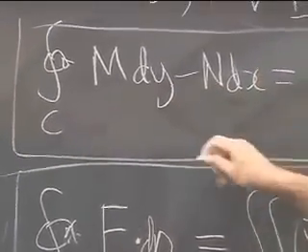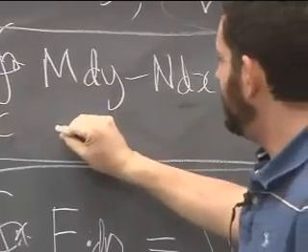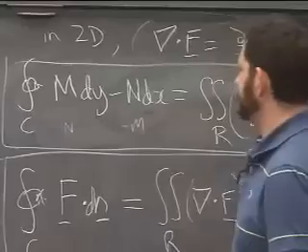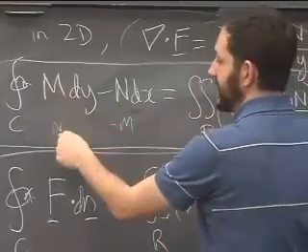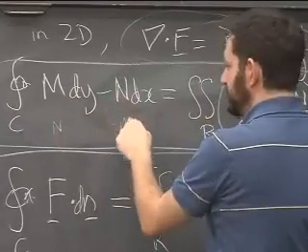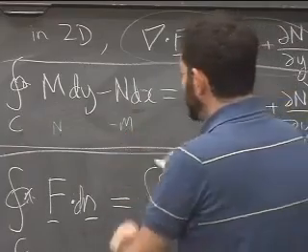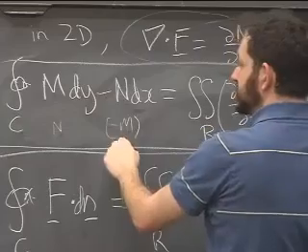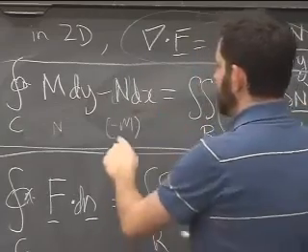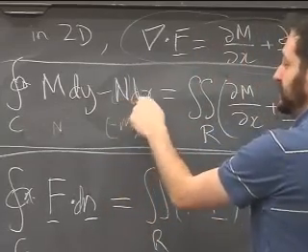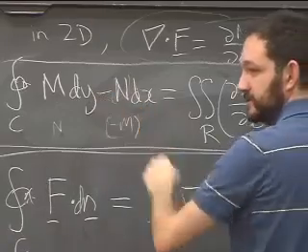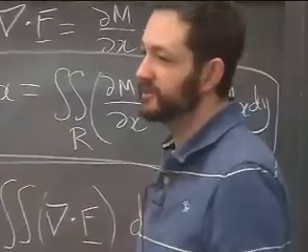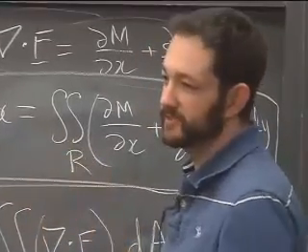Now, when I say they're the same formula, by the way, suppose you take this formula, but instead of M, let's call it N, and instead of N, we'll call it minus M. If you replace M by capital N and N by minus capital M, then you'll get N dy, and the minuses will cancel out, and you'll get plus M dx. So you can just flip them like that? Well, you can't flip them, but let's suppose we take this vector field and find a different vector field where we switch the coordinates and put a minus.